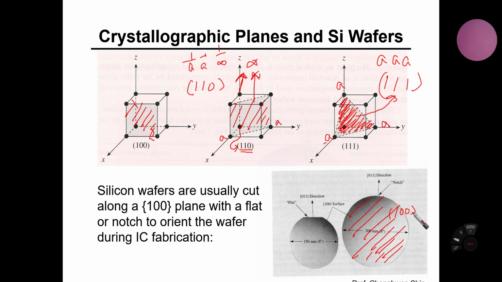Anyhow, silicon wafers are usually cut along the 100 plane with a flat, most likely to save or to fabricate more chips, such as DRAM, than the dies and chips here.